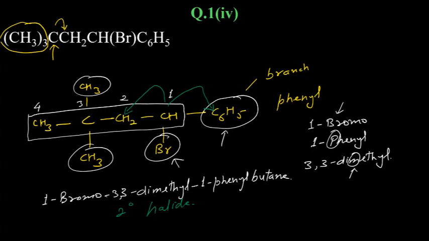Now comes the trickiest part. Whether it is alkyl, allyl, aryl, benzyl, which type of alkyl halide is it? Okay, Ashi, correct. So many correct answers I have received till now. Shashwat, correct answer.